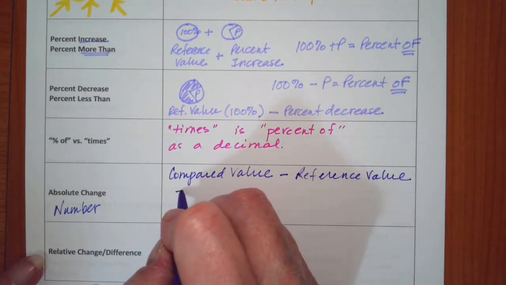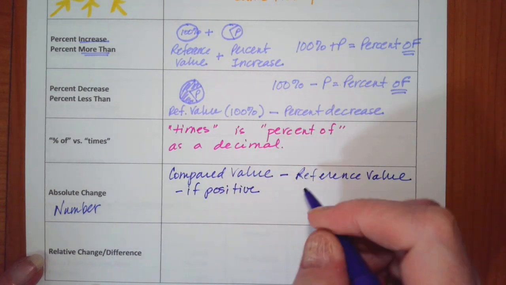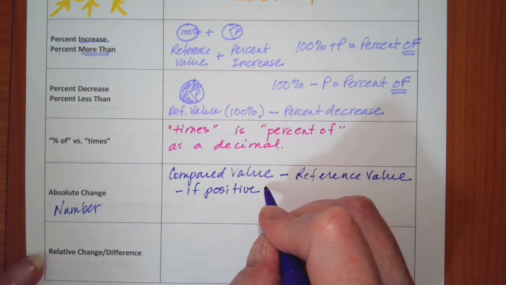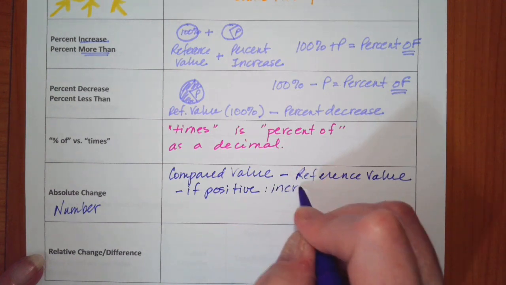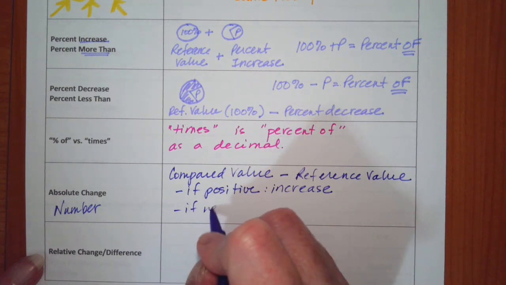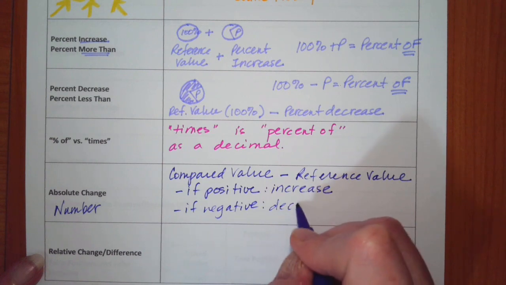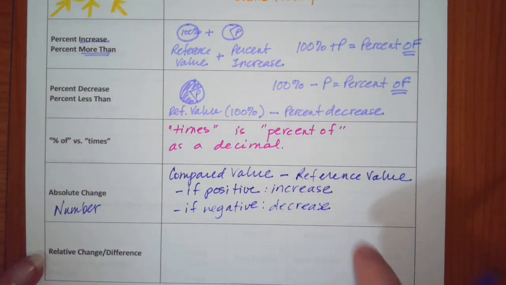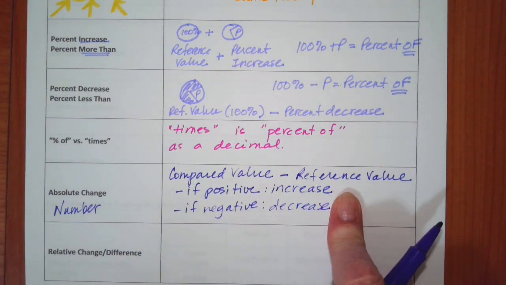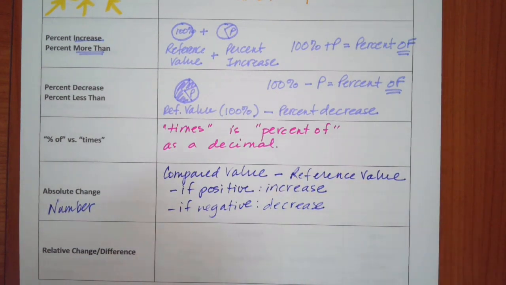Okay. If it's positive, that's an increase. The value went up. If it's negative, that is a decrease. Okay. If you buy a house, chances are the value is going to go up. If you buy a new car, chances are the value is going to go down.